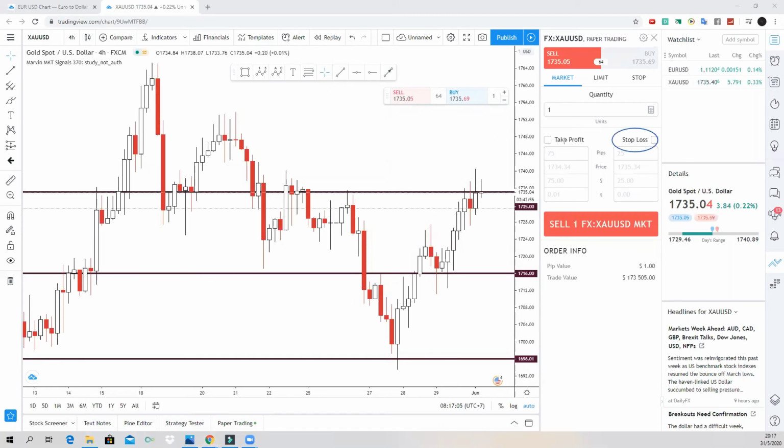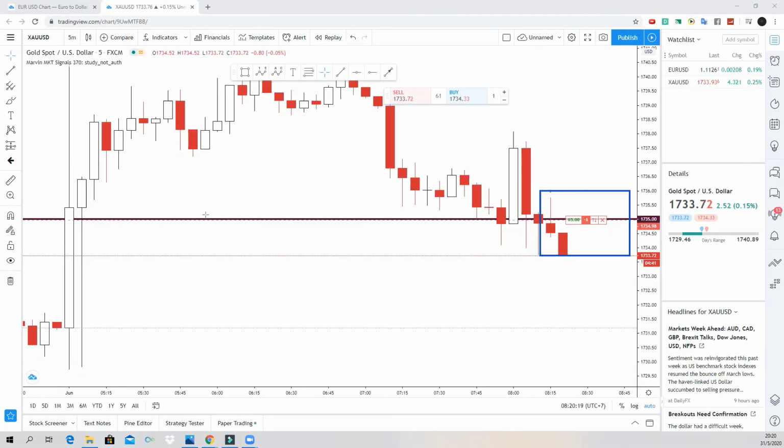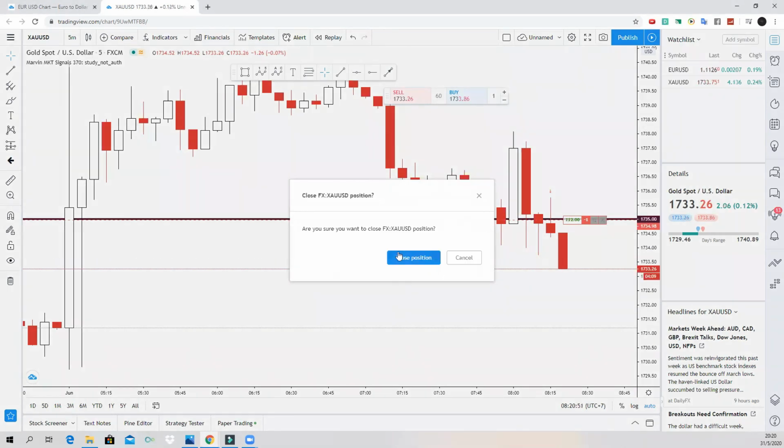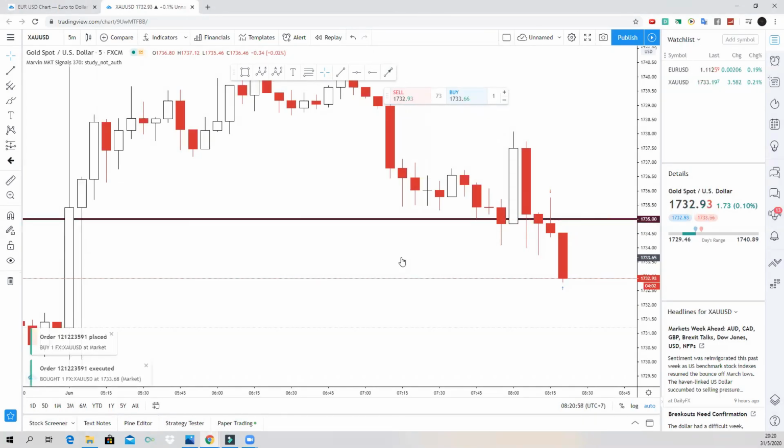We have a stop loss, a take profit, and we can simply sell by clicking here. So we have entered a sale and automatically you can see that this order is already active. If we want to close this trade, we can click on close position. This dialog is opened and we can confirm the closure of this position.